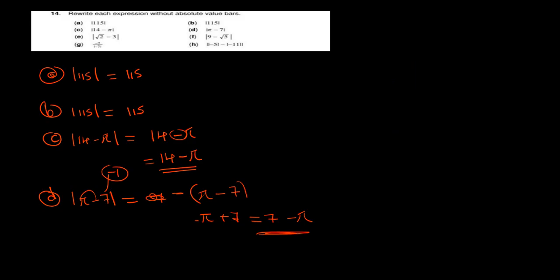So for F, what are we solving? A, B, C, D, that is D. So we go now to E. A, B, C, D, E. So for E we have root of 2 minus 3. This is now the same case we have been doing. This one will always be there on top.